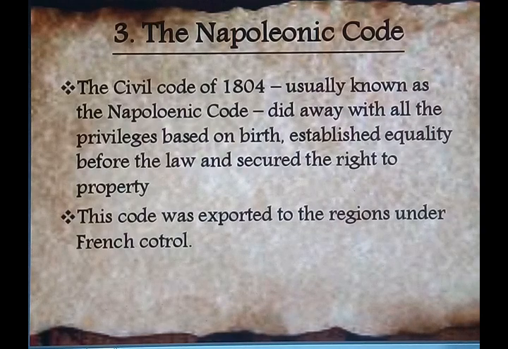It is basically called the Civil Code of 1804. The question may come, what do you mean by the Civil Code of 1804? So it is usually known as the Napoleonic Code. Let us see what these codes were and what were the changes he brought in not only France but in the rest of Europe.